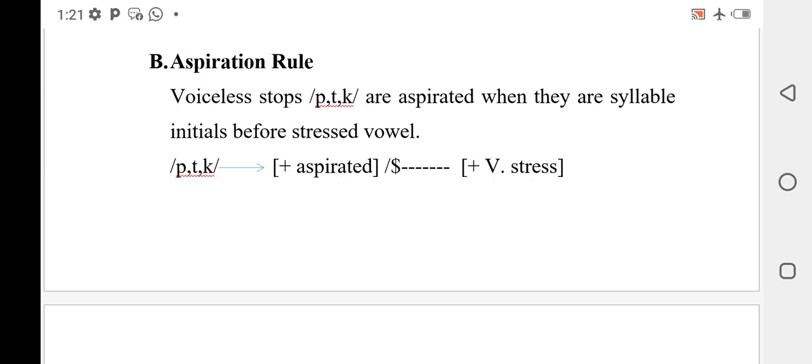So if I have P followed by O and O is a stressed vowel, then P is aspirated. That is what it is saying. If I have T followed by a stressed vowel at the syllable initial position, it becomes aspirated.